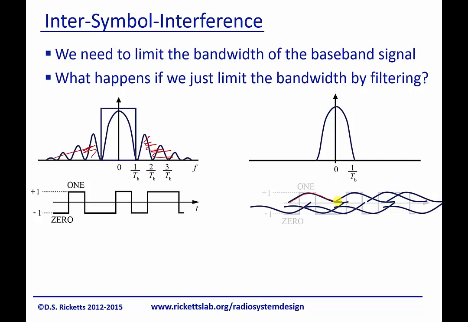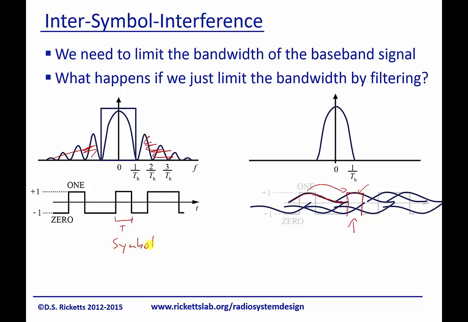That in itself isn't a problem, but the pulse gets smoothed out and spills over onto the next pulse. So at this point in time, you've got not only the response from the pulse you care about, but all of this energy from previous pulses spilling in here and causing interference. Because remember, each unit of time, we're transmitting a symbol.